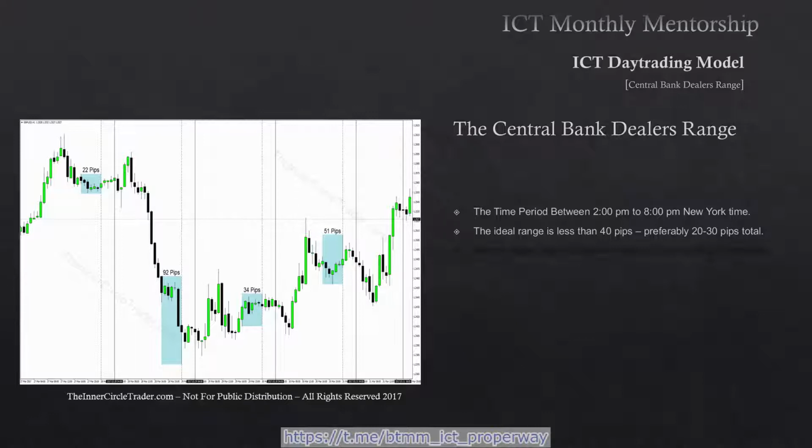the highest high and the lowest low ideally should be less than 40 pips, preferably 20 to 30 pips total. Ranges larger than 30 pips can tend to be unfruitful for projections.